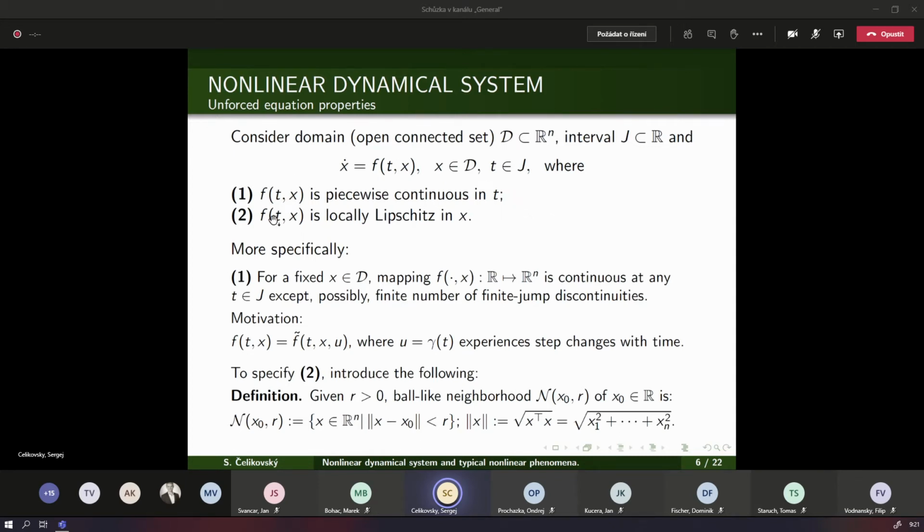And secondly, it is the so-called Lipschitz in X. So more specifically, we can decode these two properties.